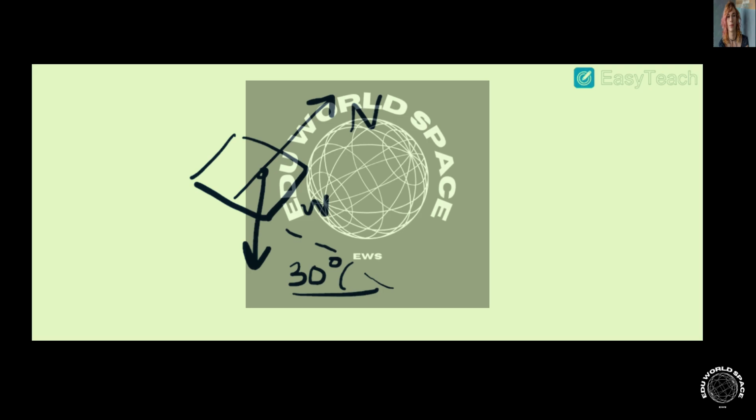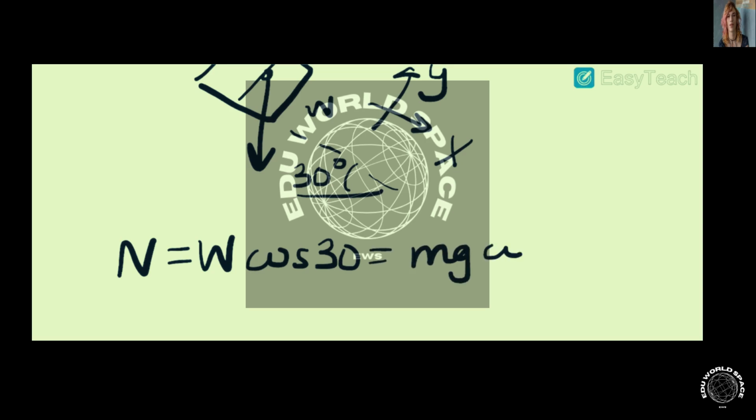By resolving the components in the coordinates that align with our acceleration, this is x and this is y, we see that the normal force is equal to W cosine theta, which is equal to mg cos theta. This was our net force balance in the y direction.